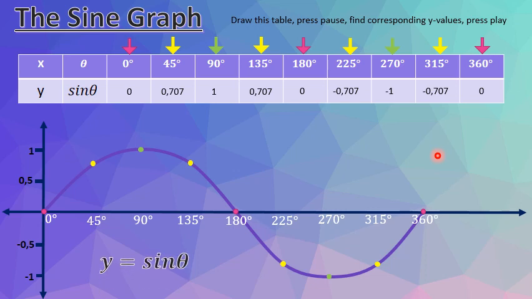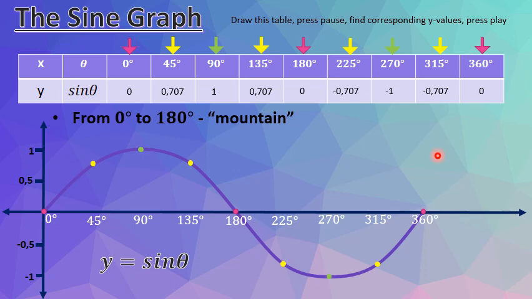Firstly, what you see in front of you is called y equals sine theta. It's what I like to call the original sine graph. It is pure sine theta. We haven't manipulated the formula in any way. We have merely sketched it using our calculator. And now let's take note.